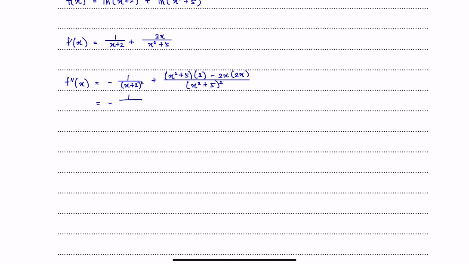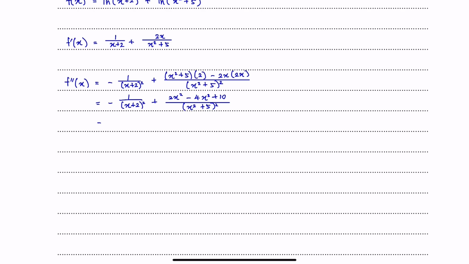So we have negative 1 over (x plus 2) squared plus (2x squared minus 4x squared plus 10) over (x squared plus 5) squared.